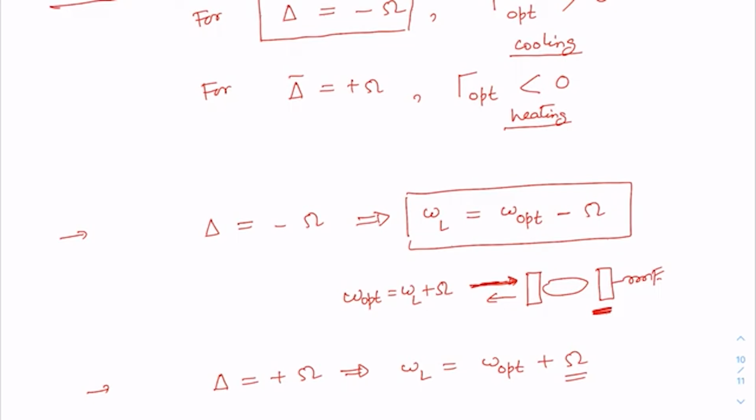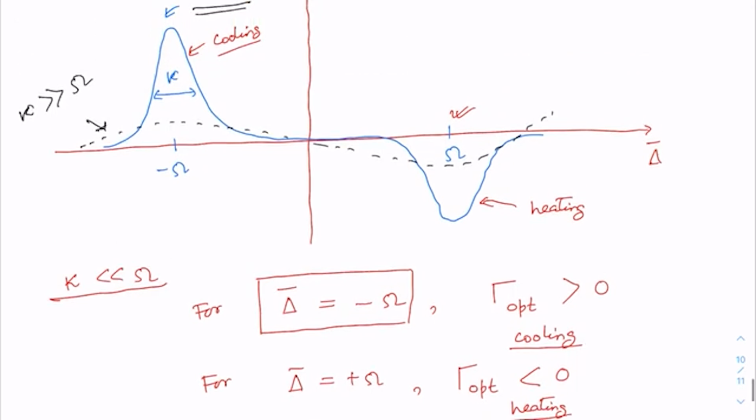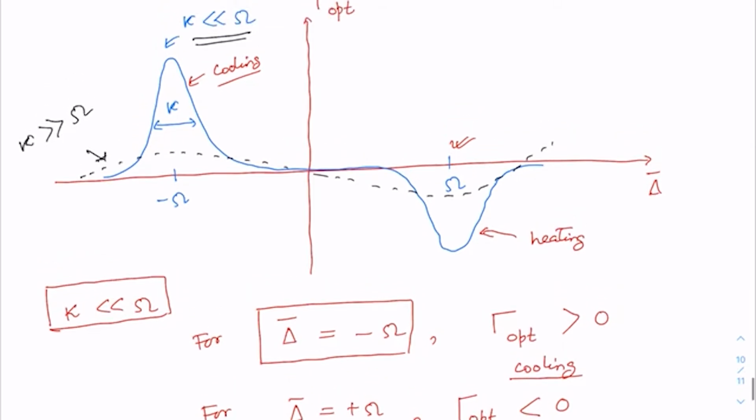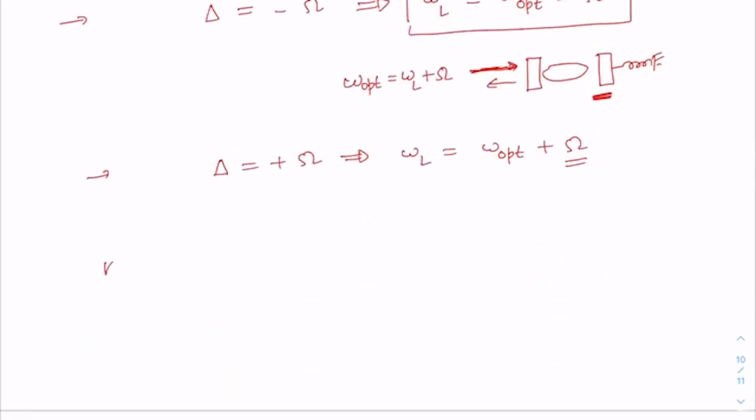One thing I forgot to tell, please note that in this domain, when kappa is much less than omega, we can have two sharp peaks, and these peaks can be resolved. This is known as the resolved sideband limit. So this is very important.